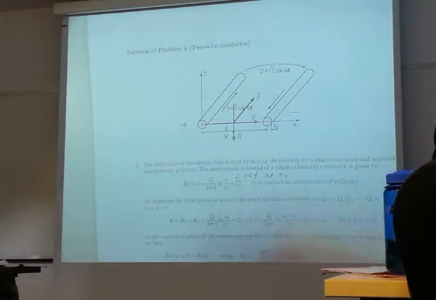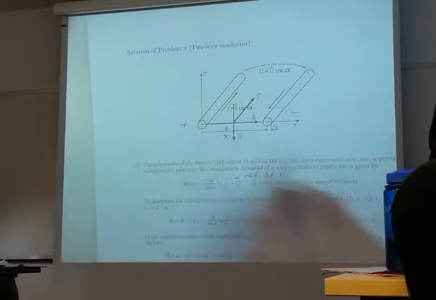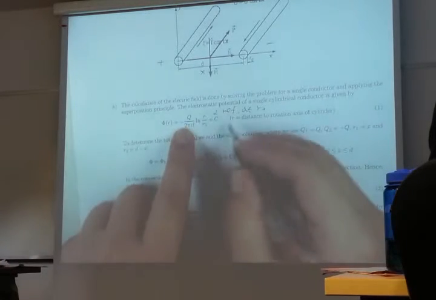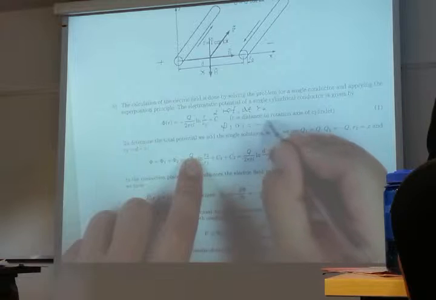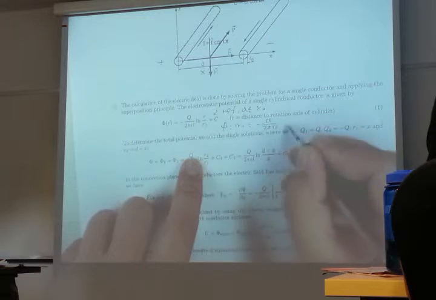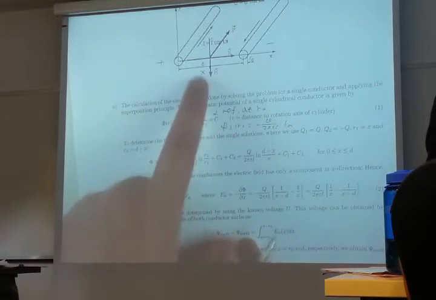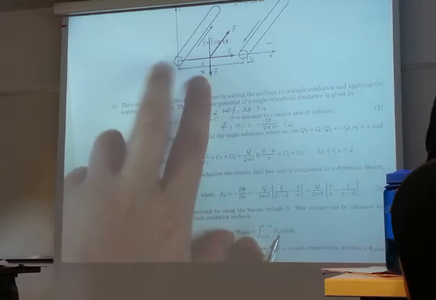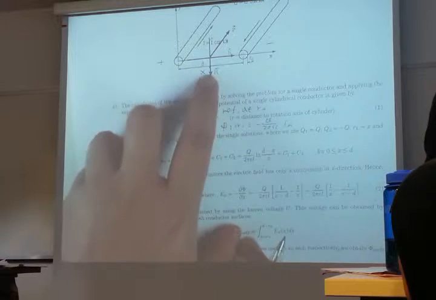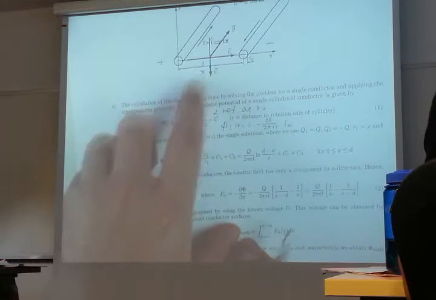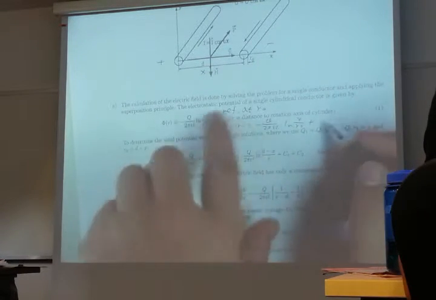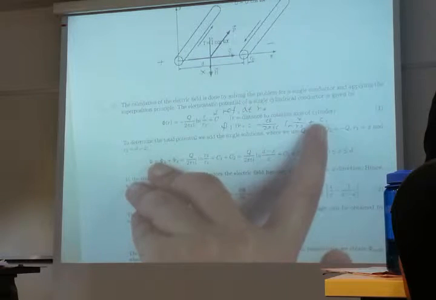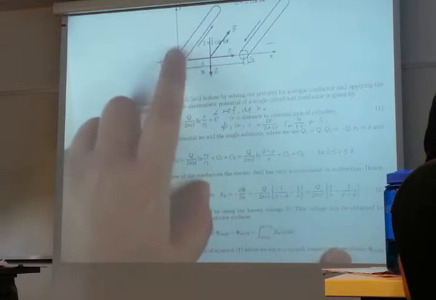The positive one gives me something like this, I call it phi 1. Phi 1 of r equals minus q over 2 pi epsilon l log. What is my radius now? At x, the distance between the source and me is x. So ln x plus c. I call it c1 because later we have another constant. This is my first potential given by the left one.